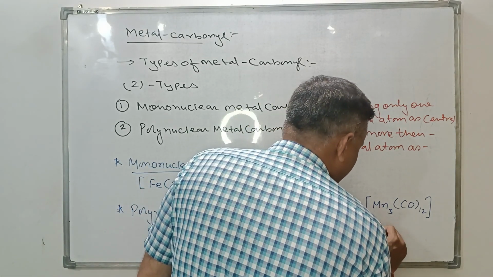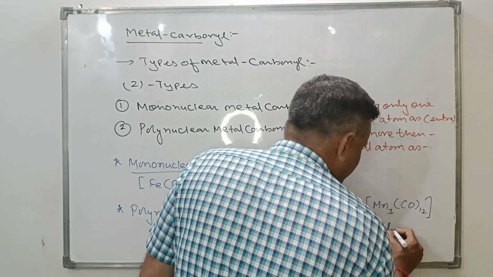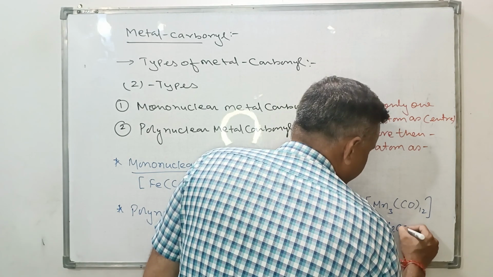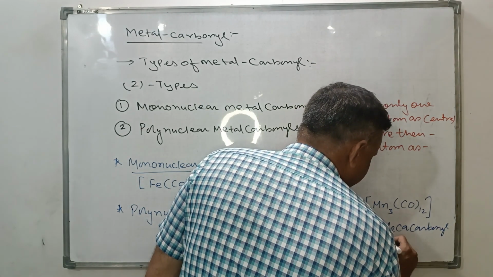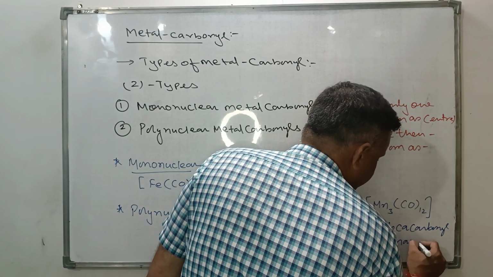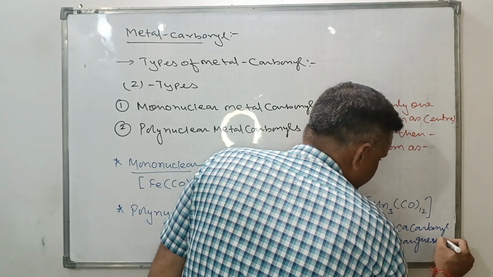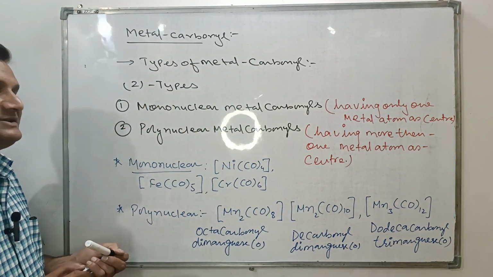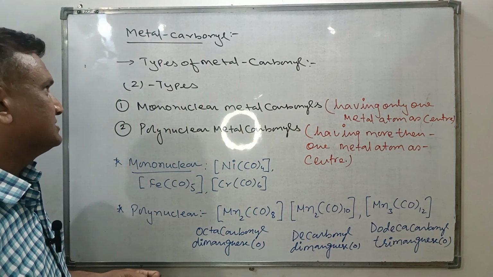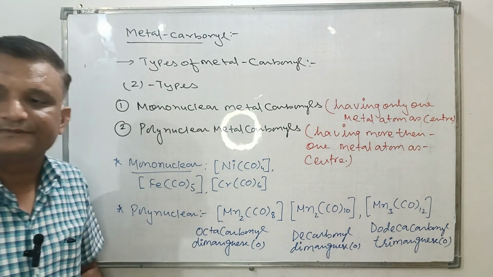This is dodecacarbonyl; for 12 we use dodecacarbonyl trimanganese, 0. So this was about the types of metal carbonyls.